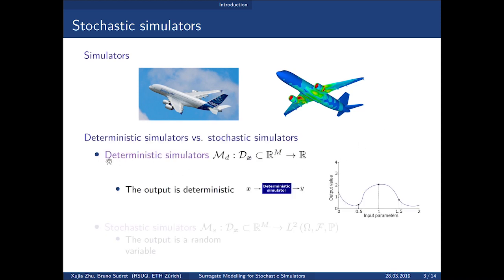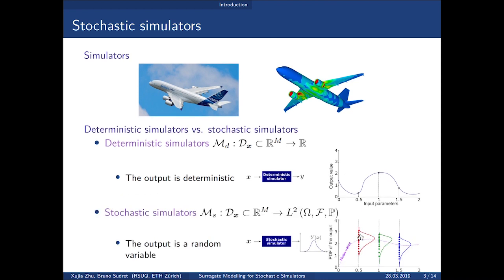The first one is the so-called deterministic simulator. Deterministic in the sense that when fixing the input parameters, repeated runs of the simulator provide exactly the same output quantity of interest. In contrast, stochastic simulators return different results when run twice with the same input parameters. In other words, the output of a stochastic simulator is a random variable.